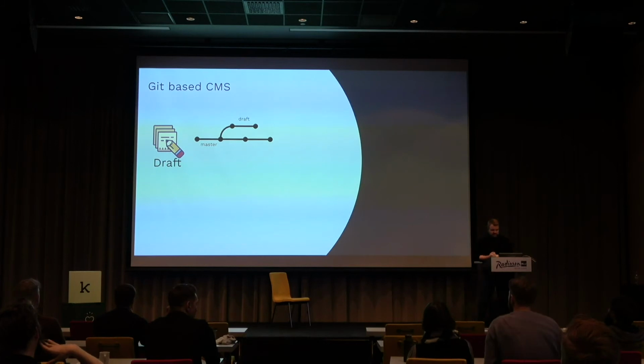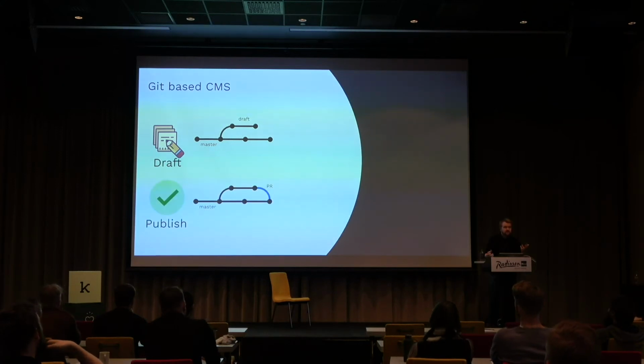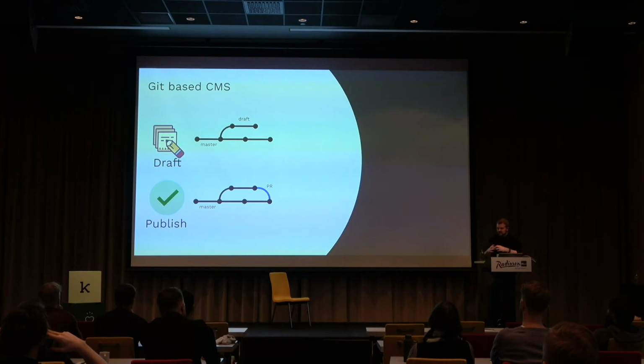So when you want to publish, I think they integrate with GitLab, Bitbucket, and GitHub now. They just create a PR, complete it, and push it to the server, and then this will start a new build. And thus you have complete history of every change in one single place in your Git repository.